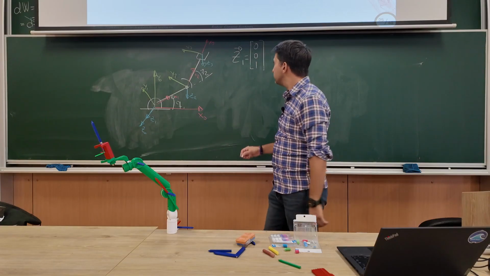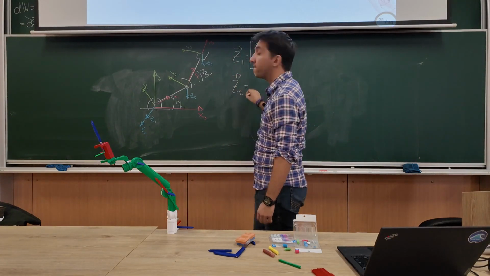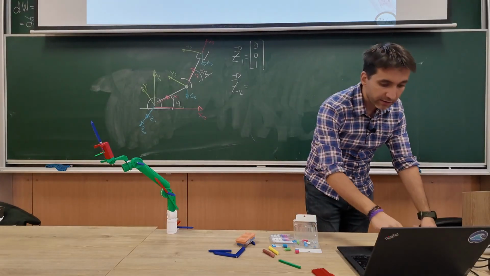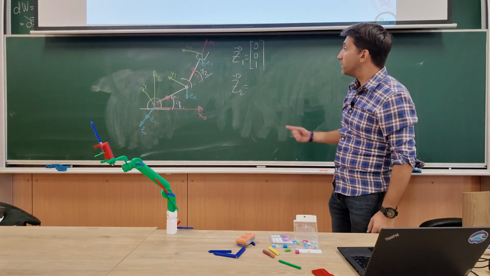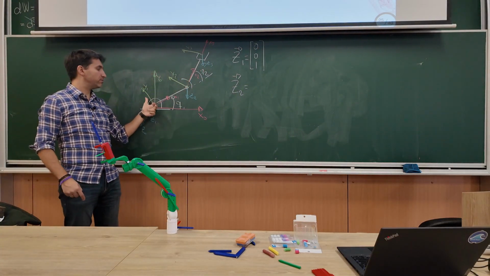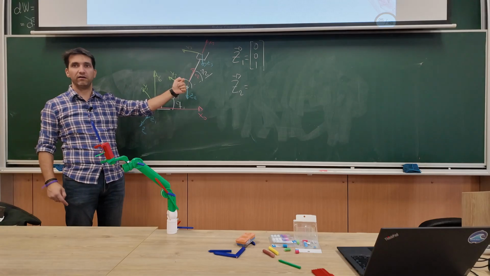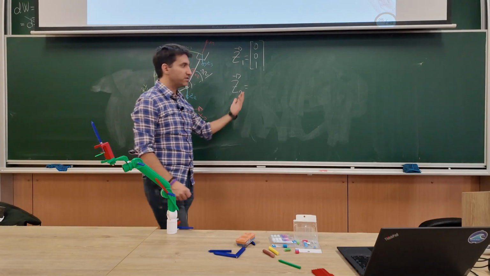What is Z2? 0, 0, 1. Z2, which again tells me the orientation of this Z with respect to the reference frame, which is again parallel to Z0, that's why 0, 0, 1.